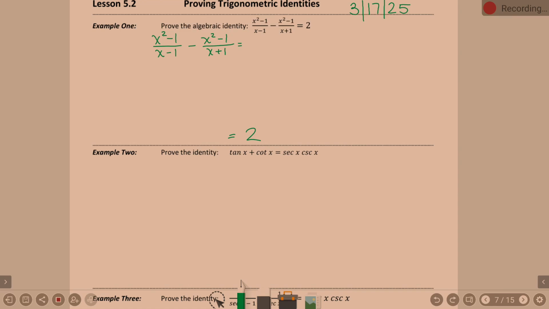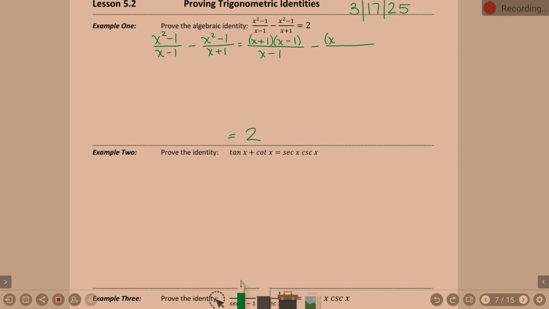So let's take these fractions on the left and let's factor. So x squared minus 1 factors into x plus 1 times x minus 1, correct? And that's going to be over x minus 1 minus second fraction. Do the same thing.